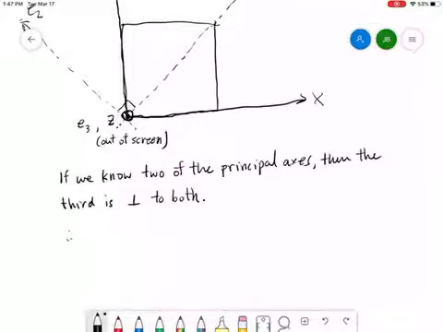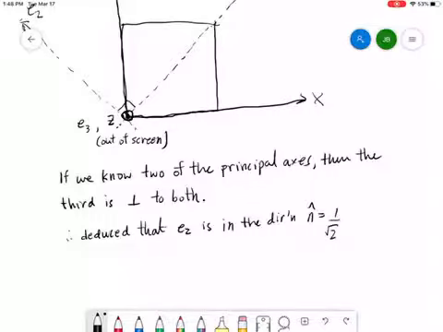So therefore, we have deduced that this E2 axis is in the direction given by, say, n hat. Well, how did we draw it? It has a component along the positive y-axis towards the top of the screen.